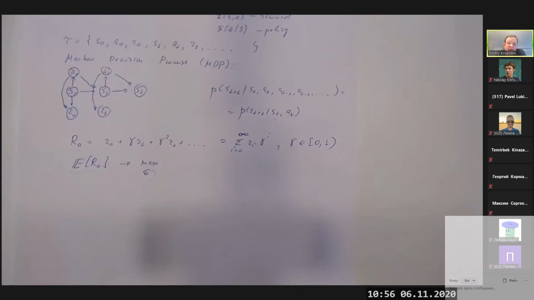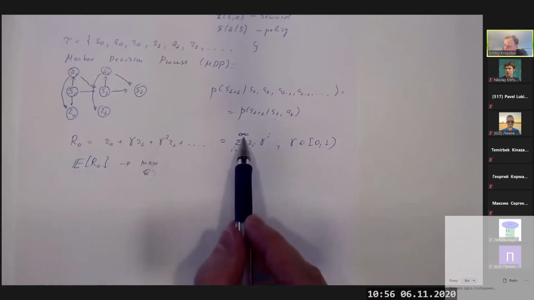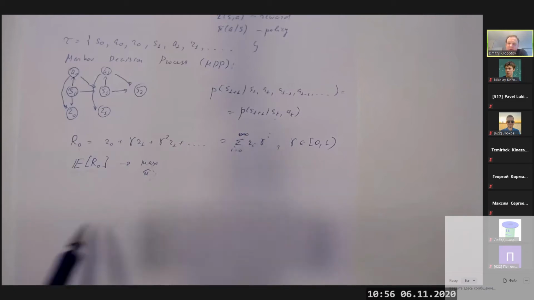That is one reason. The other reason is that even if we consider some finite time horizon scenario, so this summation goes not till infinity, but some fixed time moment, it may be beneficial to introduce the discounting factor.